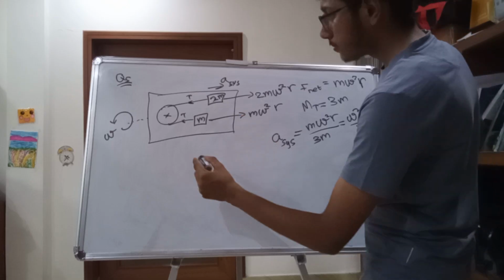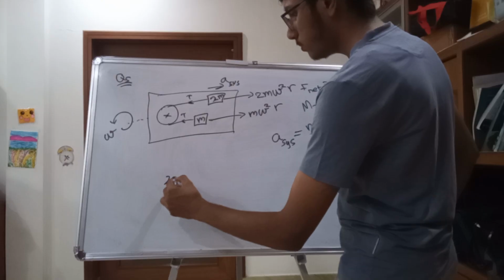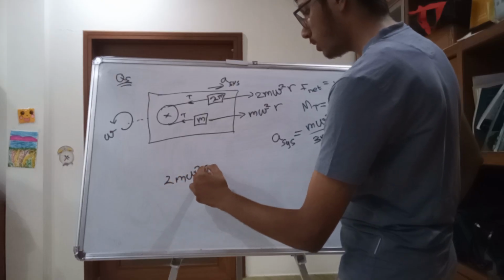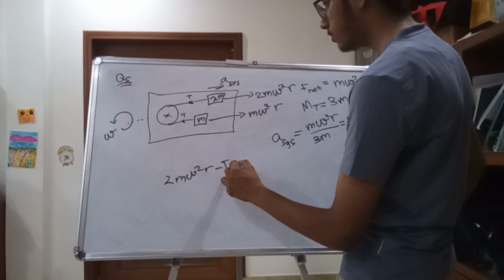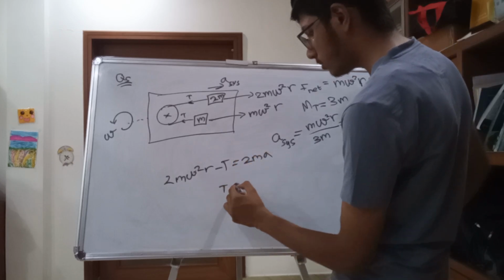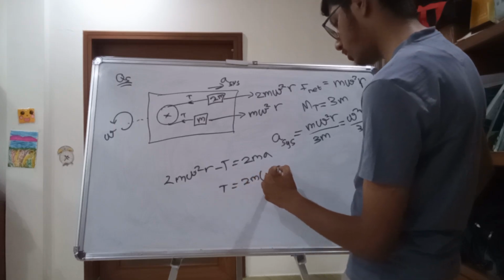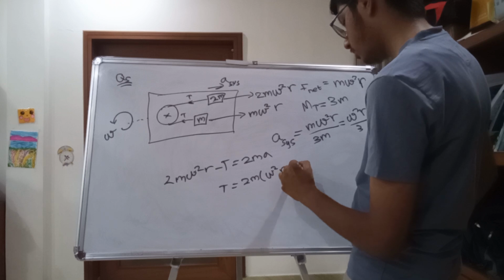Okay. So which force is dominating here? 2m omega square r. So 2m omega square r minus tension equal to 2m into a. Can I write tension is equal to 2m common, omega square r minus a.